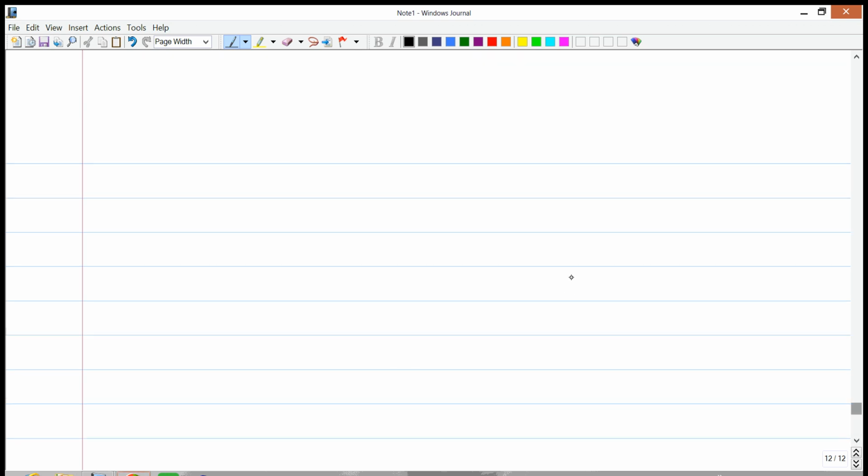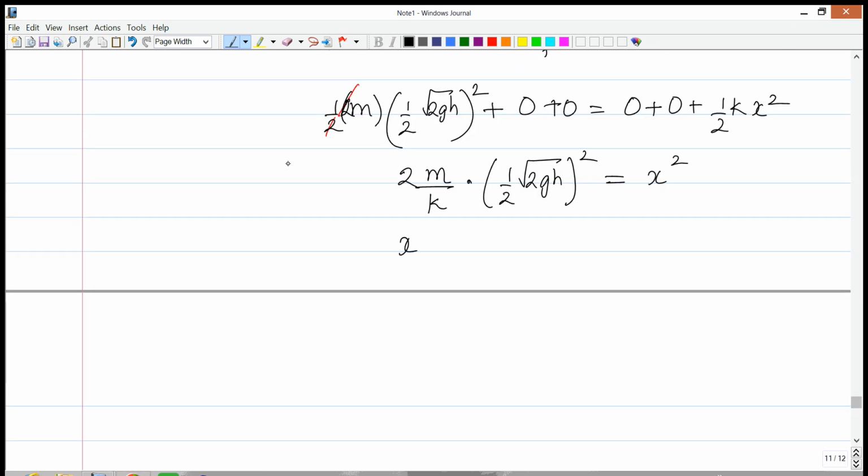Okay, and from here we end up getting x equal to the square root of 2m over k times half of square root of 2gh. We can just leave it like this. Okay, in fact what we notice is that the 2's can cancel, the two square root 2's multiply, and we end up getting the square root of mgh over k for the answer.